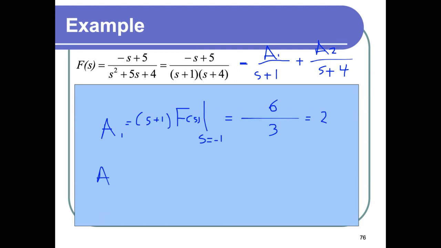Similarly, what is A2? You multiply s plus 4 by F of s, and then you evaluate it at s being equal to minus 4, which is the pole of the system, which is the root of the denominator that we're looking into. So minus 4 minus 1, it's plus 4 plus 5, so this is 9. And then we have here minus 3, so we have minus 3.